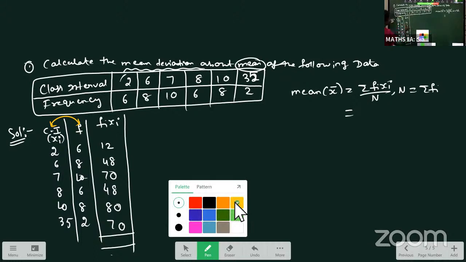Add them: 12 plus 48 is 60, 60 plus 70 is 130, 130 plus 48 is 178, 178 plus 80 is 258, 258 plus 70. Altogether, how much are we getting? 320.